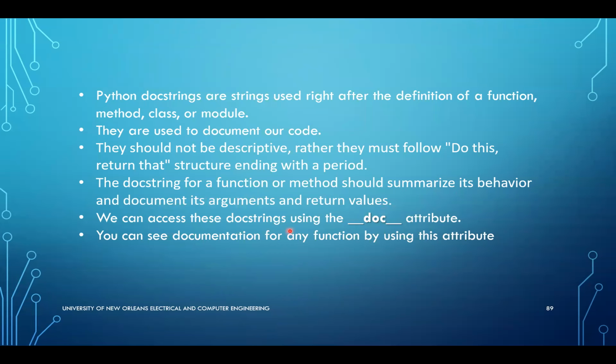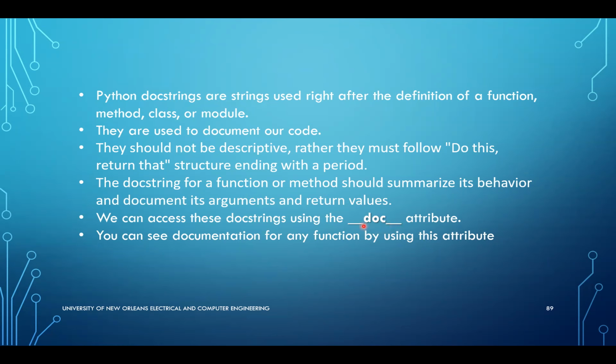We can access the docstrings using the __doc__ attribute. Now, this is important here, and we'll see how that works in a minute. It's not difficult. But what's important is that in order to access the docstrings using this attribute, we have to use 2 underscores in front and 2 underscores at the end.